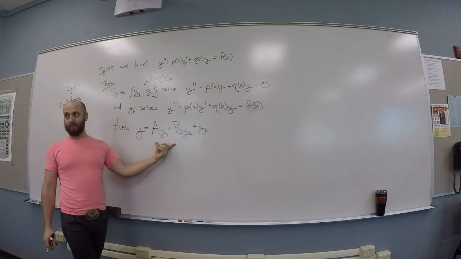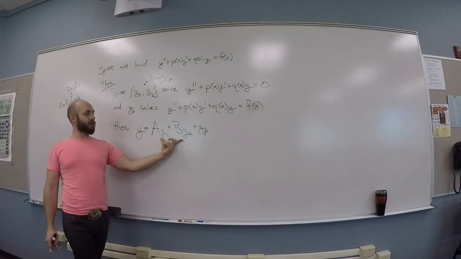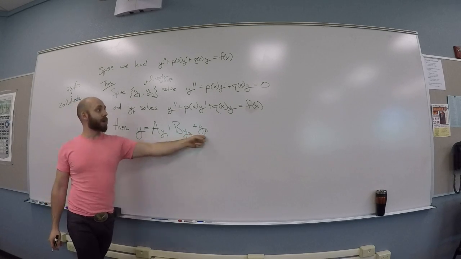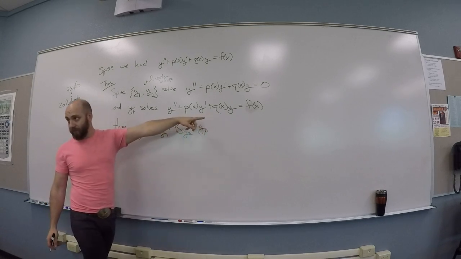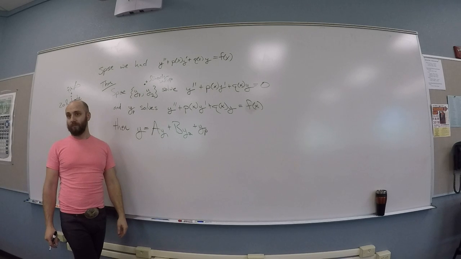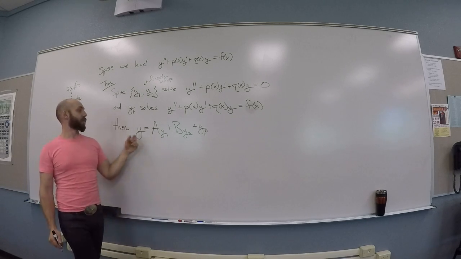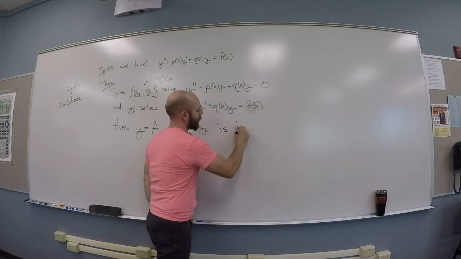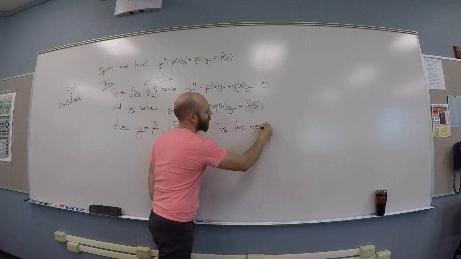So if I plug this stuff in, all of it's going to cancel out, and yp I know solves specifically for that f hanging out on the end. So y like this is the general solution.